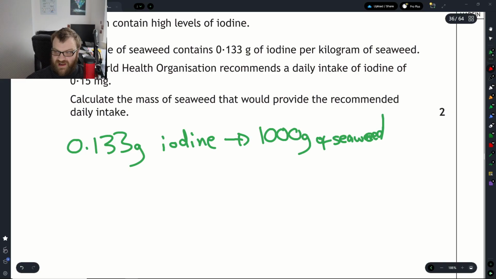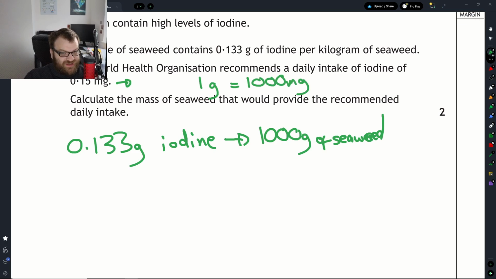Next, a recommended daily value of 0.15 milligrams of iodine. So that's going to come over here. When I'm scaling between two values for the iodine, I want them both in the same units. I am going to decide to make this into grams. 1 gram is 1,000 milligrams.